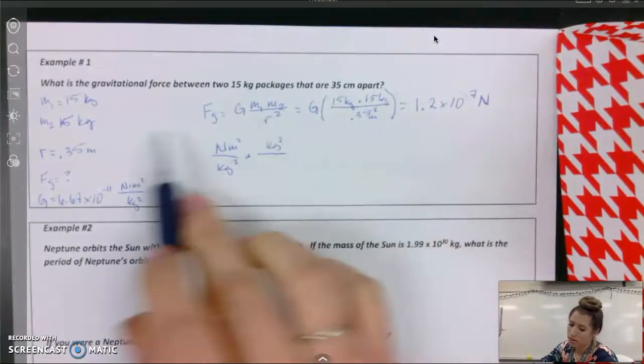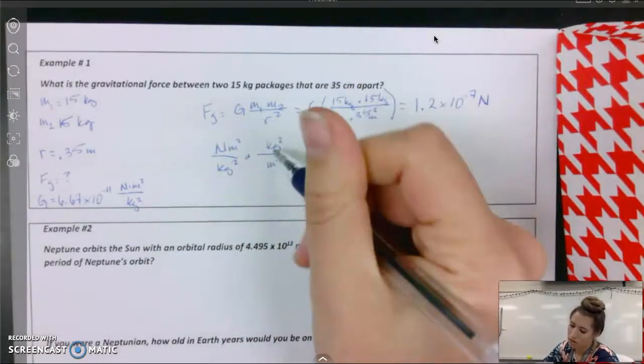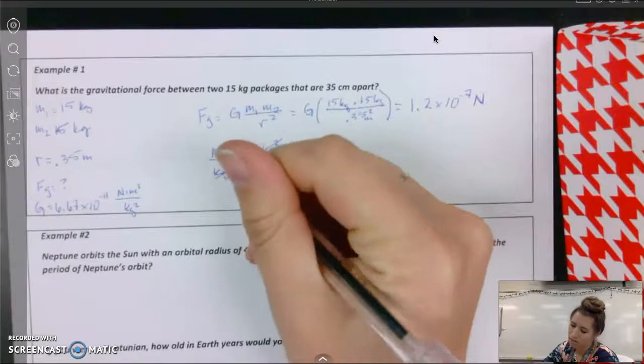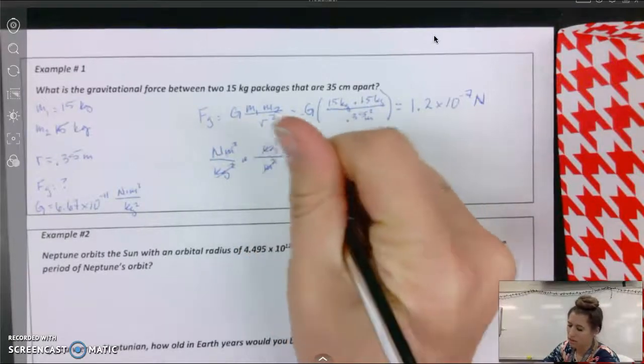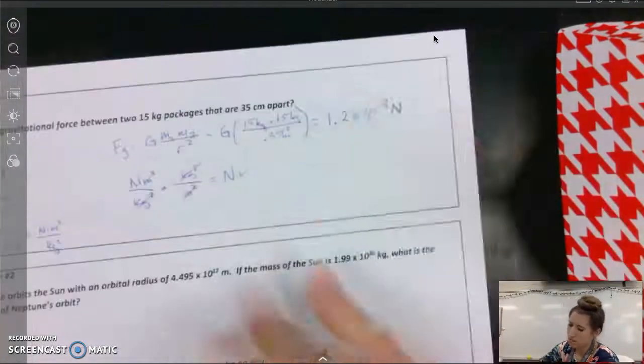And then R is a distance, which is meters, and it's squared, so meters squared. So this cancels with that, and that cancels with that, and I end with the units of newtons. So that checks off.